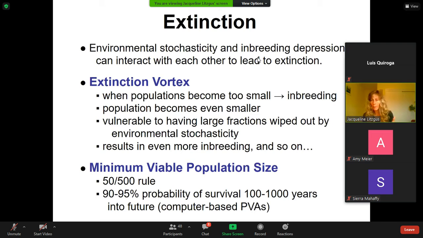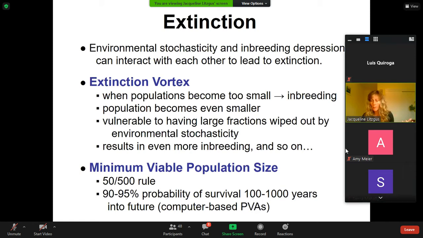Okay, and I don't know if you've heard of this term, but Vortex is actually the name of a software program for doing population viability analyses, and it's based on this concept. So this idea of extinction vortexes has led biologists to think about what is the smallest population that can sustain itself.